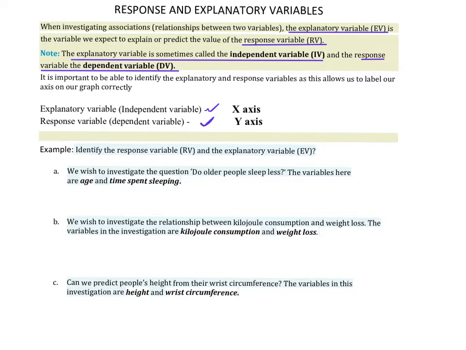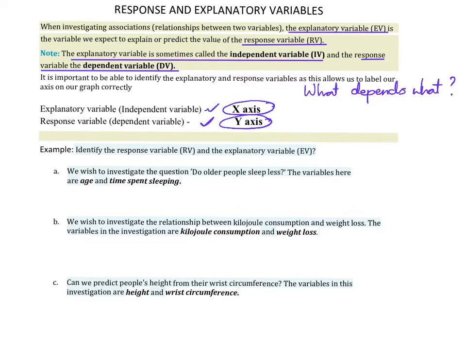So the question that we ask ourselves is, what depends on what? Because if we can work out what is dependent, then we know that it goes on the y-axis, and the independent will go on the x-axis.